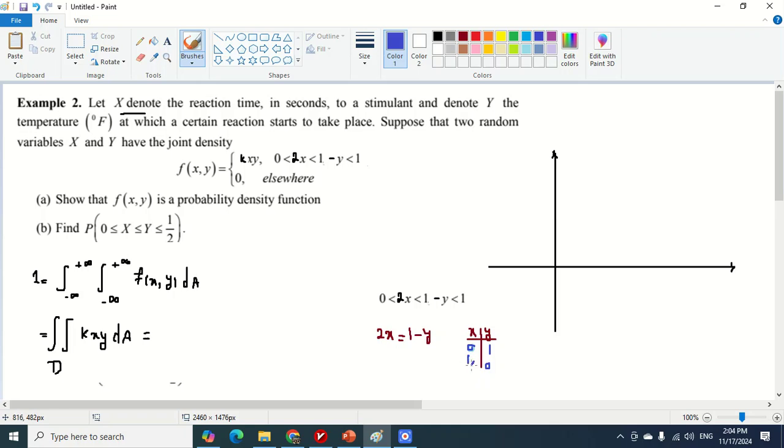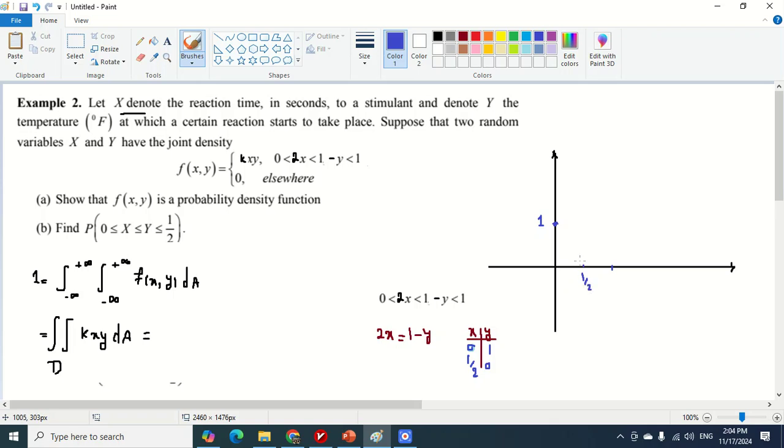We have two points for the given line, so I can sketch it. One of them is (0, 1), located at this point. Let us put this value as 1. The other one is half, so the point (half, 0) will be located here.